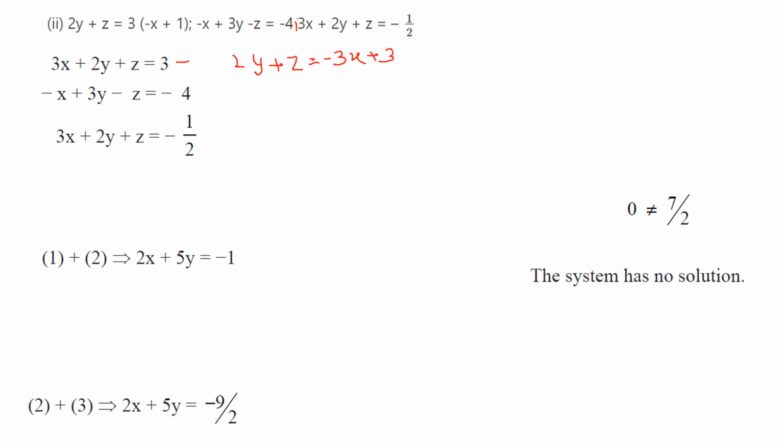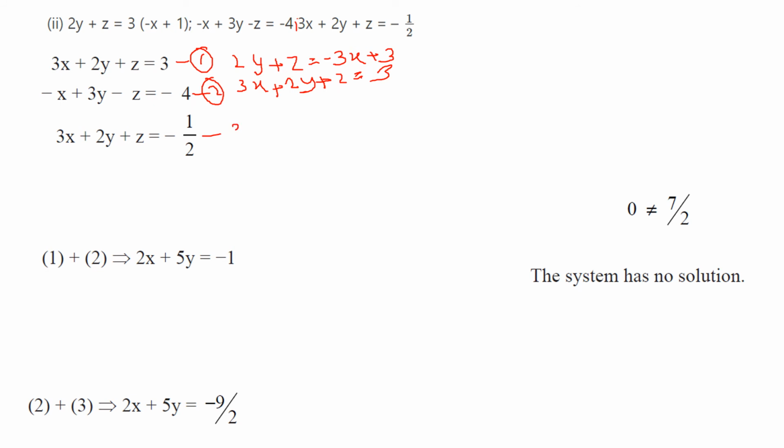After separating the variables, we can write it as 3x plus 2y plus z equal to 3. That is the first equation. Next one, minus x plus 3y minus z equal to minus 4. This is the second one. Third one, 3x plus 2y plus z equal to minus 1 by 2.